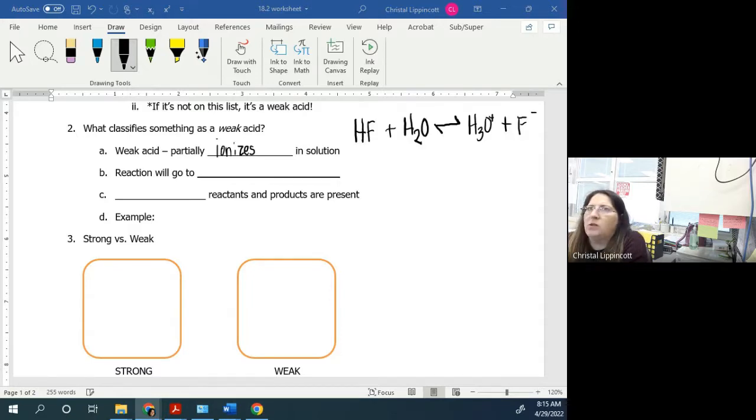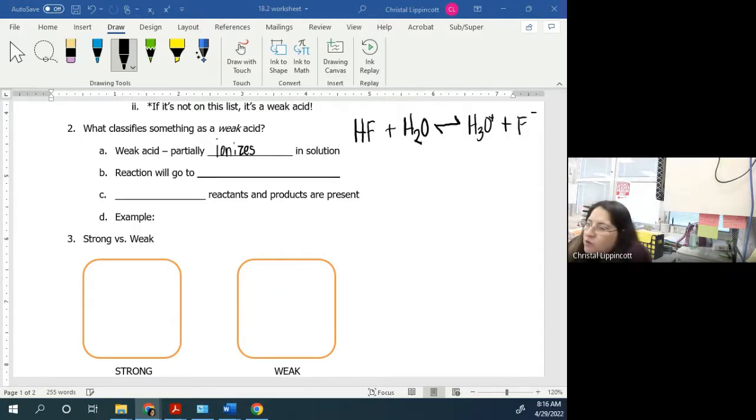Ka of HF. So we should memorize the strong acids? Yes, in AP you have to memorize your strong acids and you have to memorize your strong bases. The strong acids are the harder ones, but I will give you a couple hints. And the strong bases are easy, and I'll show you how easy they are in just a minute.